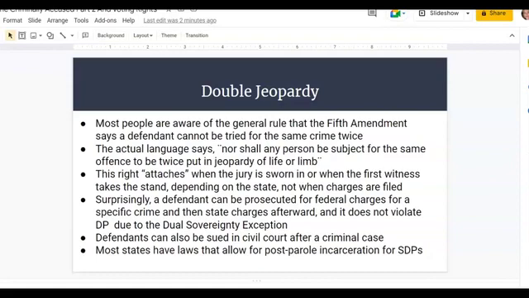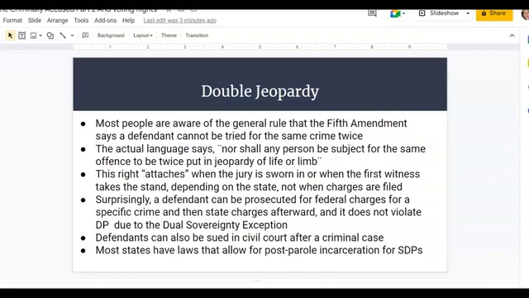Another thing some people find surprising is that, for example, a defendant can be prosecuted in federal court for a certain crime, like, say, bank robbery. That's almost always in federal court because the FDIC, they're an agency that guarantees all our deposits in banks, and there's a lot of federal regulations.